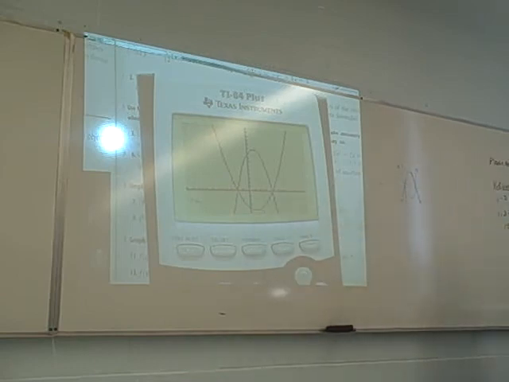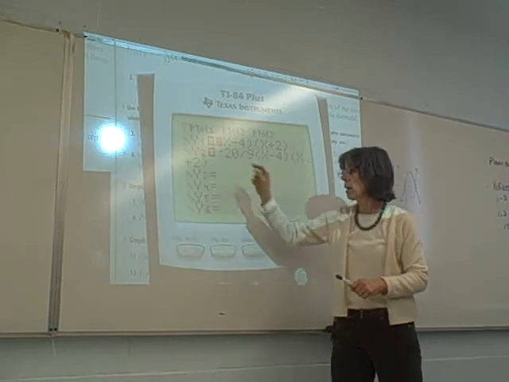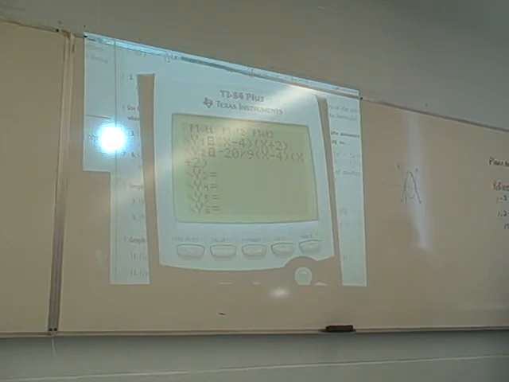I'm not sure why you divided. Can you go back to that? No. It works. You have negative 20 divided by 9 times, I know it's x minus 4, so I understood that part. But what is negative 20 divided by 9?